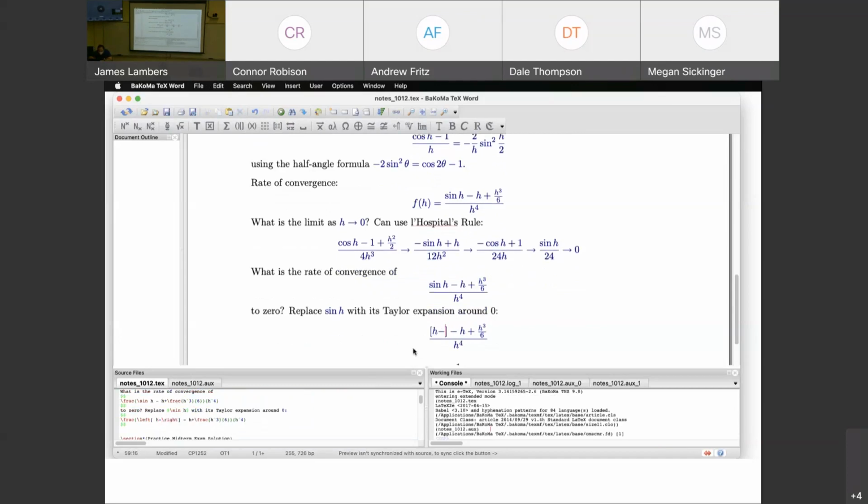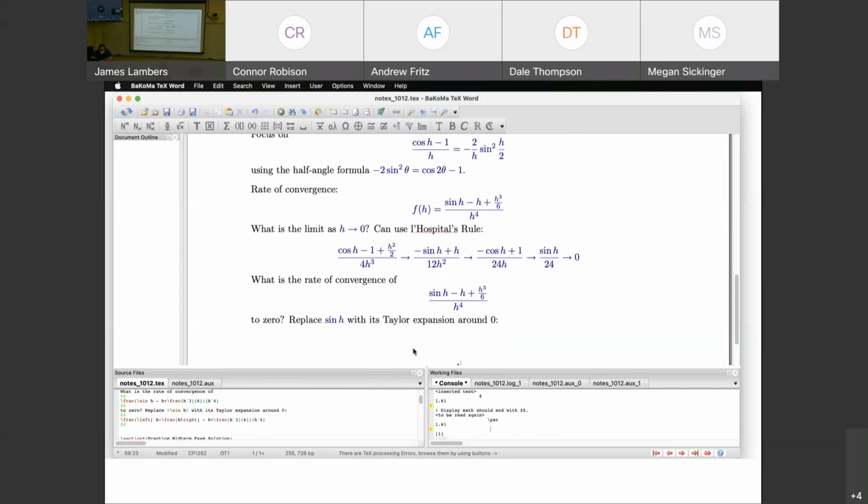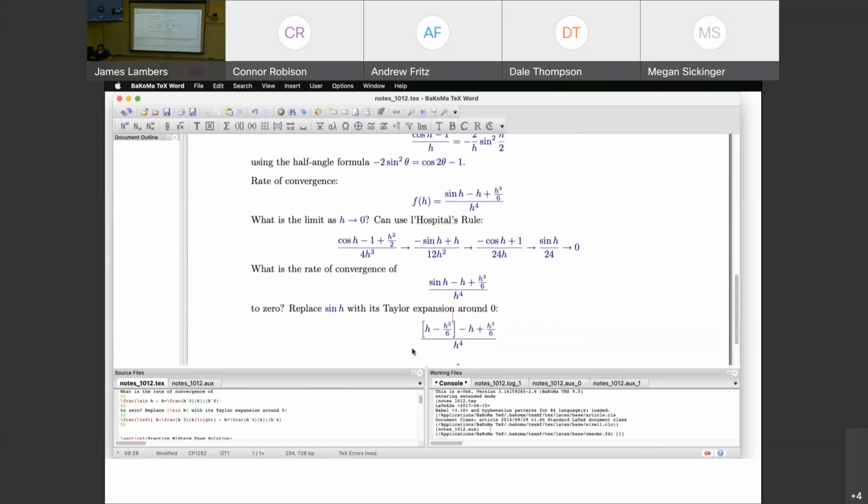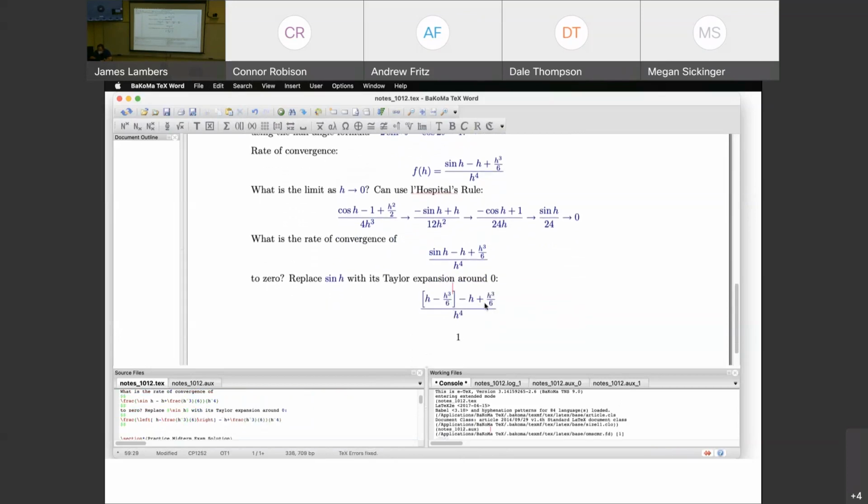The next term is h cubed over 6, so that would cancel there. That would cancel everything else that's out here. We need to go one term more, so the next term can actually be a remainder term.